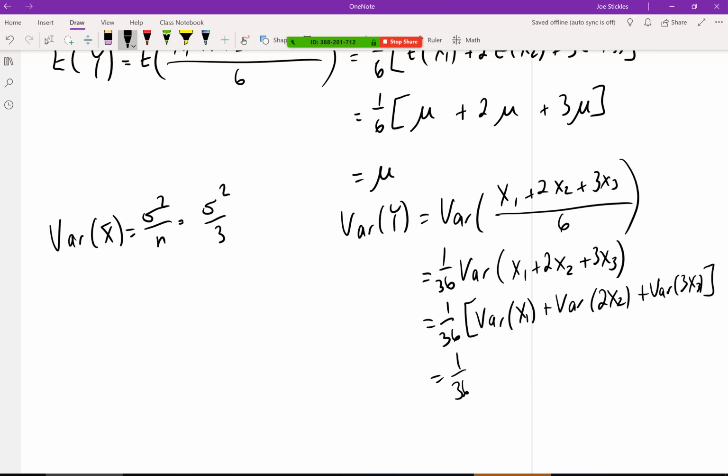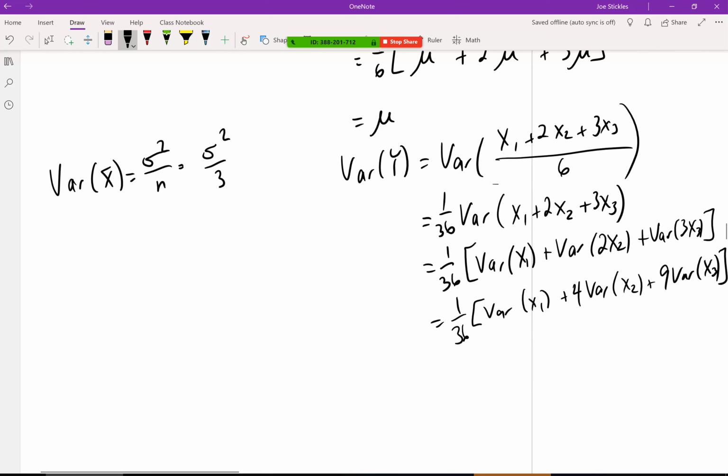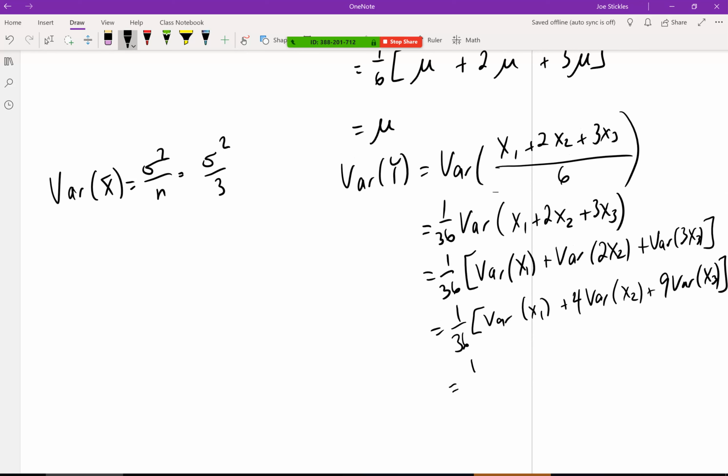And then, just like what we did when we started this part, I can pull the constants out of the second two by squaring them. Each of the variances of the x of i's is sigma squared.